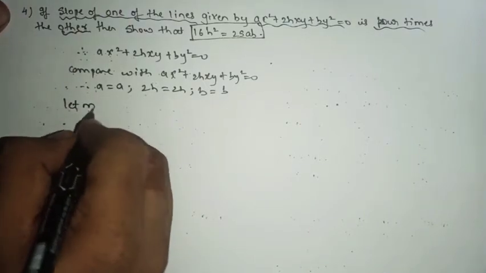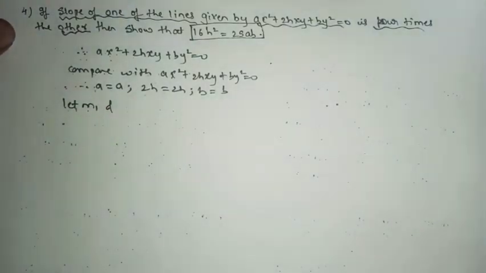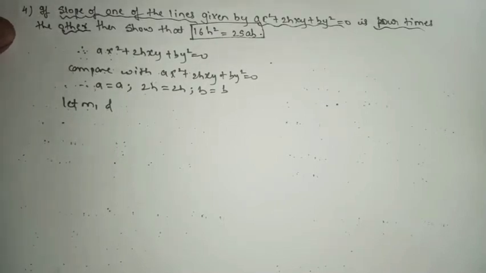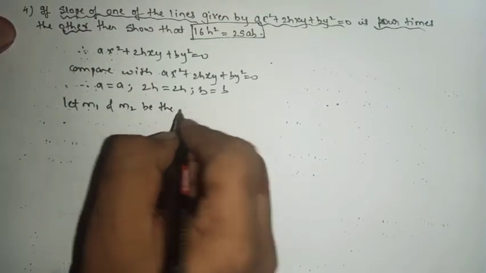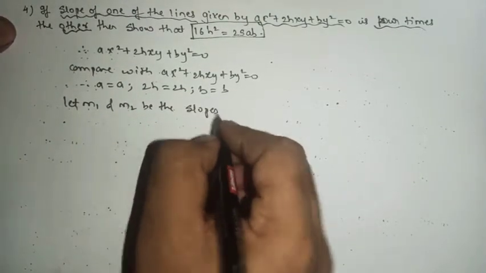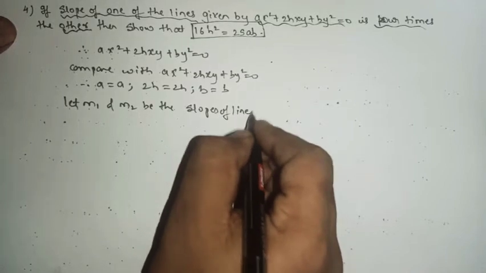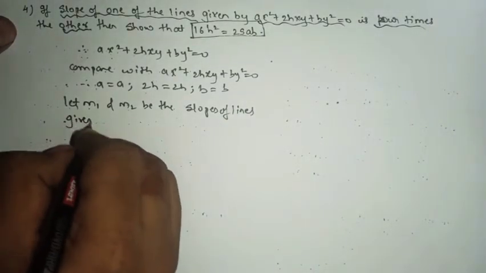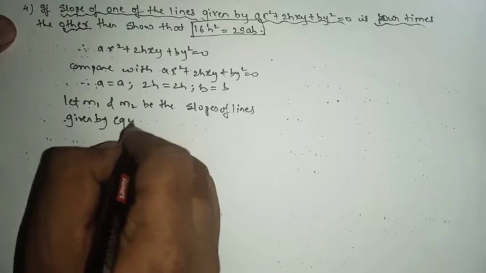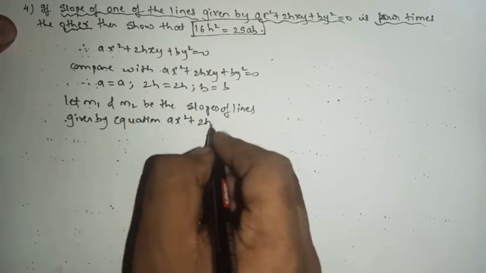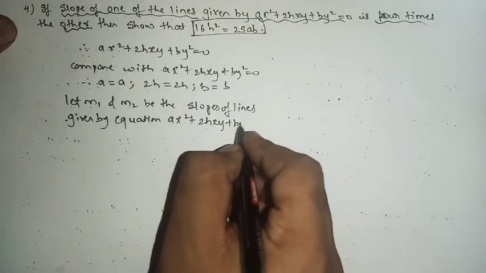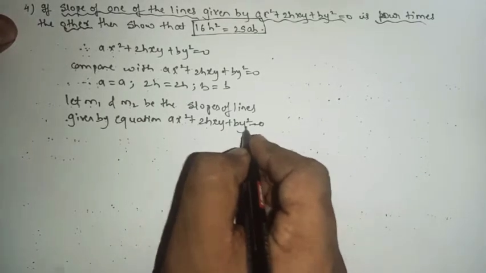So now, as we saw in the previous sum and we know exactly how to present the sum, we'll write: let m1 and m2 be the slopes of lines given by the equation ax square plus 2hxy plus by square equals 0.